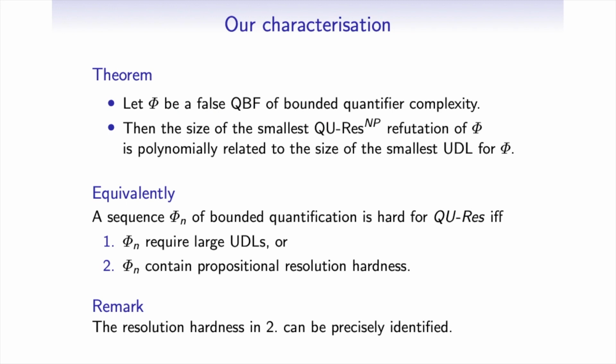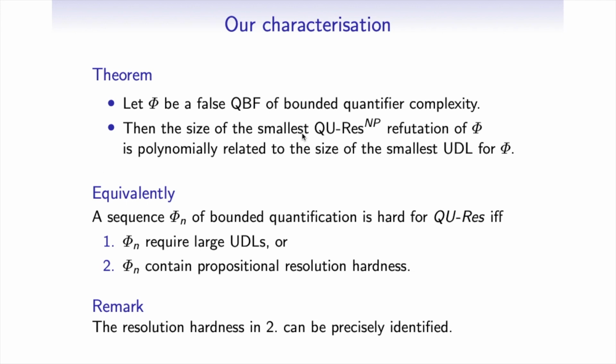And this is what we can prove, our characterization theorem. Let phi be a false QBF of bounded quantifier complexity. Bounded quantifier complexity means that the number of alternations between existential and universal quantification is bounded, let's say, by a constant.